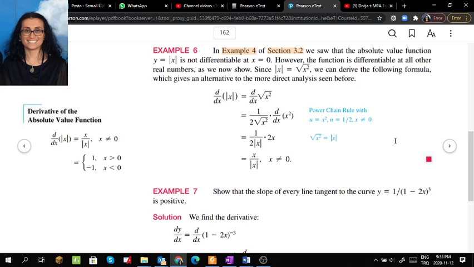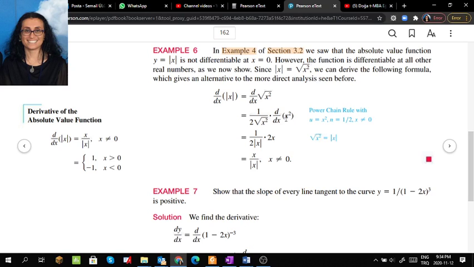Okay, so we were talking about the derivative of absolute value. And I said that the absolute value of x is equal to the square root of x squared. And I said that for the derivative of the square root of x squared, you can treat this with the power rule. Take the power to the front and take the derivative of the outside function, which is 1 over the square root of whatever is inside, times the derivative of the inside function, here x squared.